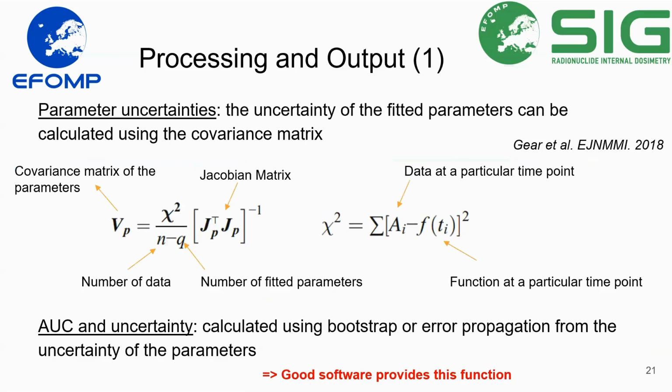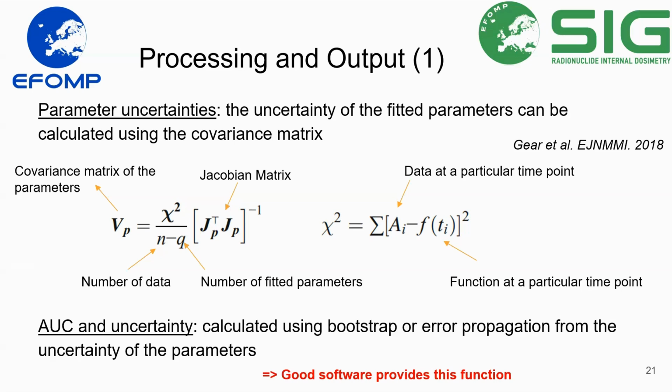First we need to understand the parameter uncertainty. This shows the uncertainty of the fitted parameter, which can be calculated using the covariance matrix. I suggest you read this publication by Gear et al. in 2018, because it's a very good paper showing how one can calculate the uncertainty in the dosimetry of radiopharmaceutical therapy.